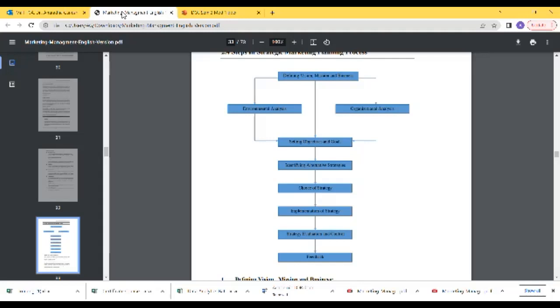Then the goals may also be for the long term and will be expected to be materialized over a period of time. But if the target is to achieve a certain level of customer base in the next quarter, which is a very short period, then accordingly the marketing objectives will change, and the marketing objectives will be to increase the customer base or to increase the sales in the next quarter itself.